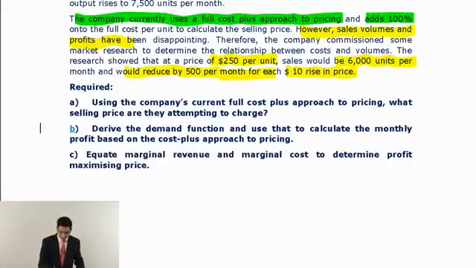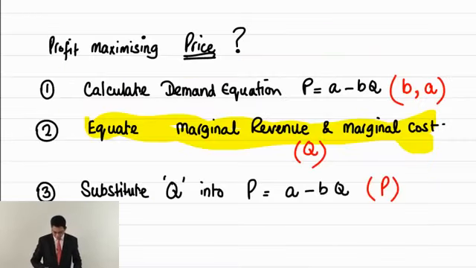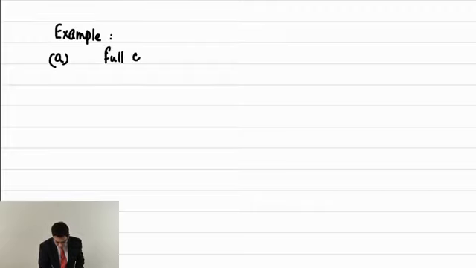A is, using the company's current full cost plus approach to pricing, what selling price are they attempting to charge? That's the first requirement, full cost plus.